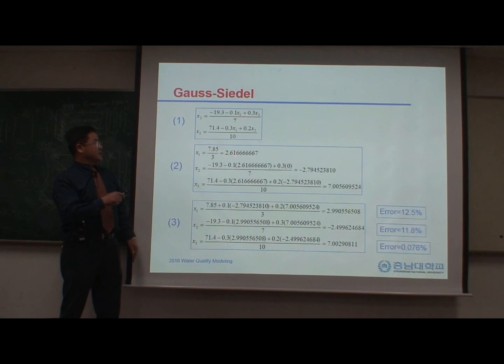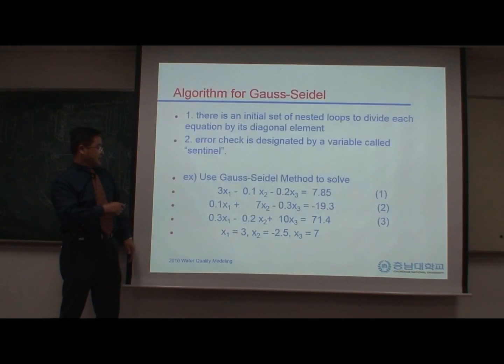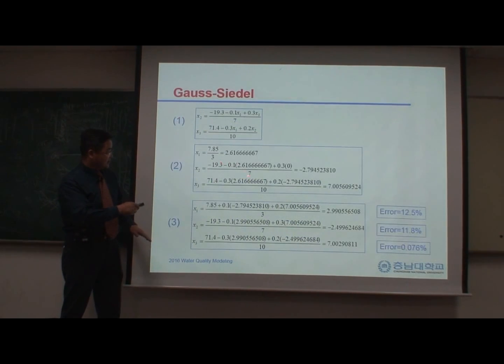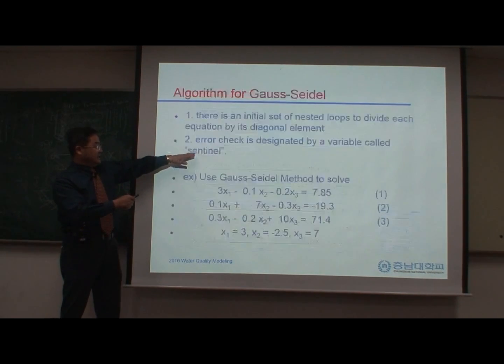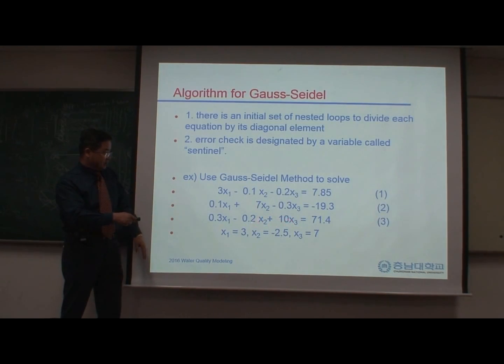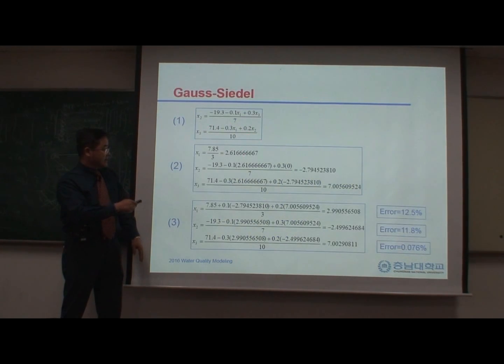Now I have x1. My x2 can be calculated by moving everything over and dividing by 7, which is right there. Now I know x1, so I substitute my x1 there and calculate my x2 as minus 2.72, somehow, right? And for x3, I can move everything to the right hand side and divide everything by 10, which is this equation.